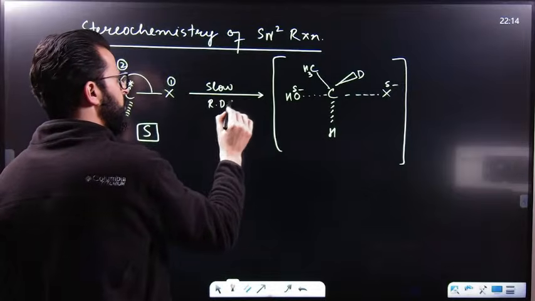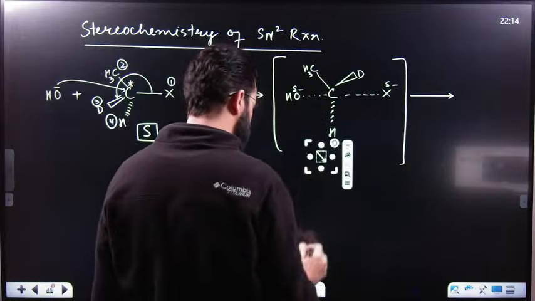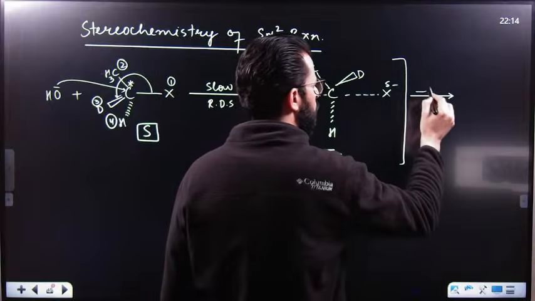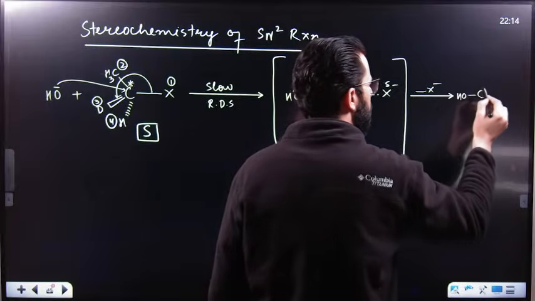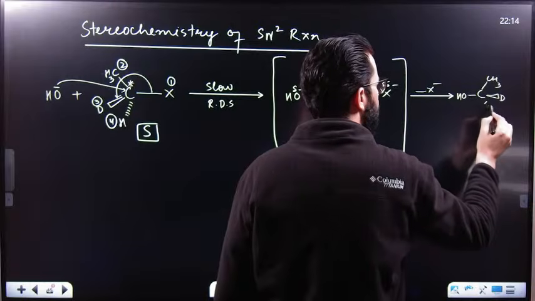After that, a very fast step takes place. The transition state once formed is very unstable and gets converted to the product. The product will be HO-C, with CH3, then D, then H.